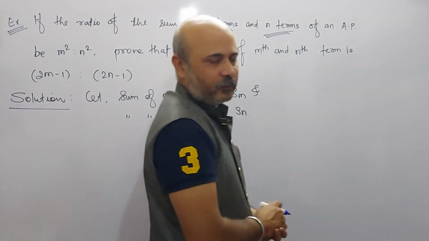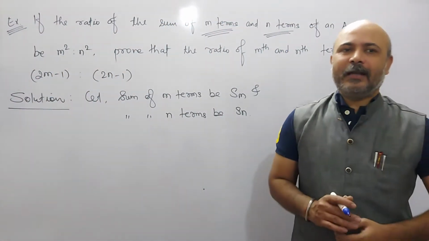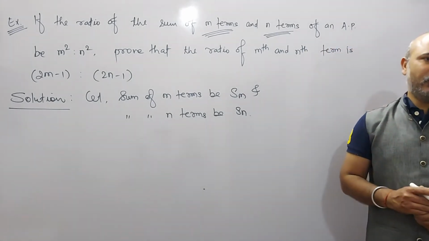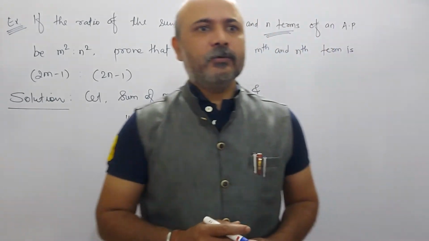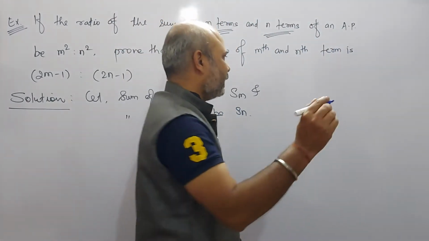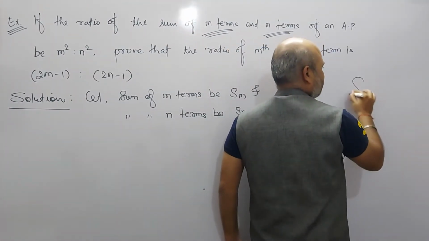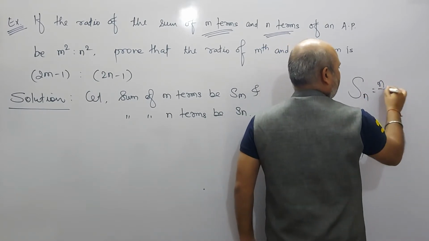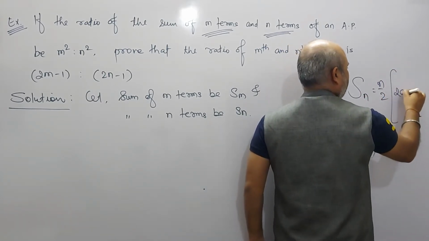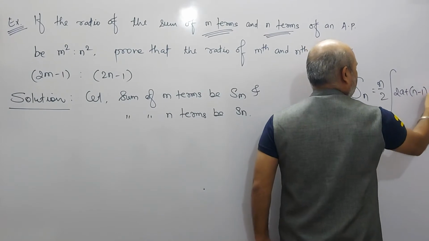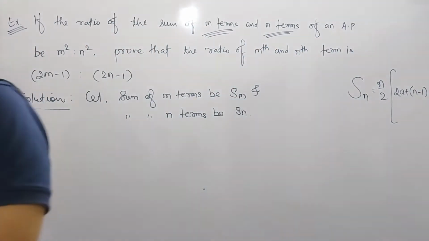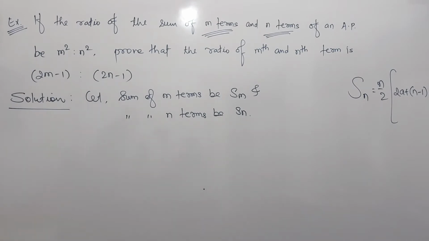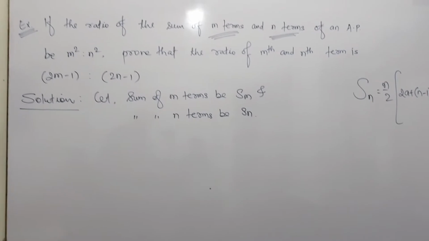You know the formula of how to find the sum of n terms, that is, Sn is equal to n by 2 into 2a plus n minus 1 into d. So I will write the formula of Sn. Sn is equal to n upon 2, 2a plus n minus 1 into d. Clear? This is the formula of Sn. Clear? Yes, sir.